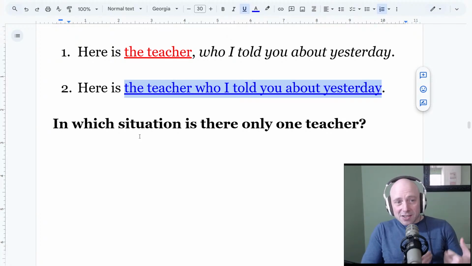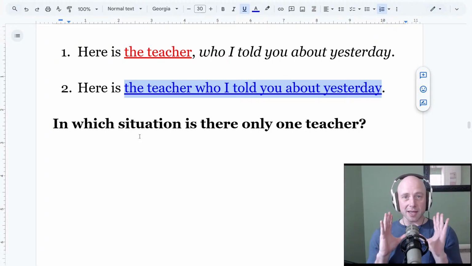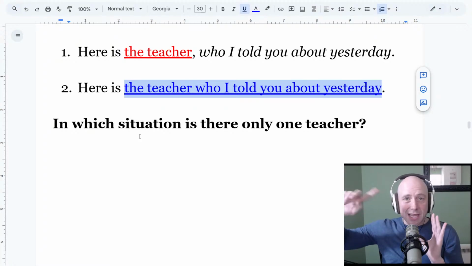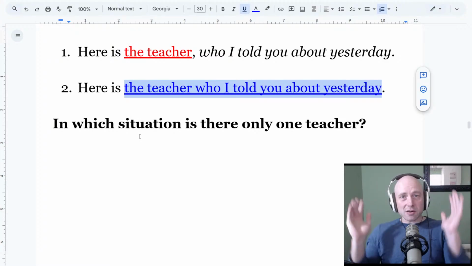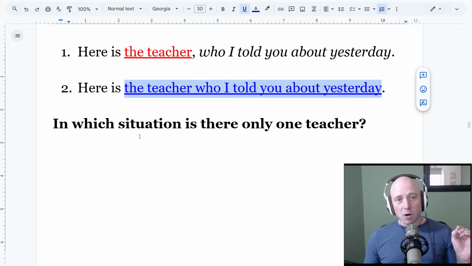So the implication with number 2 is, in whatever context I'm talking, there are other teachers, but I didn't tell you about those teachers yesterday. But in number 1, there is only one.